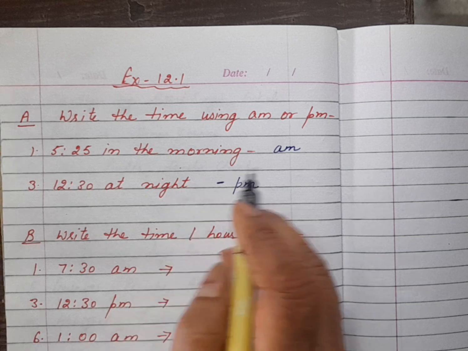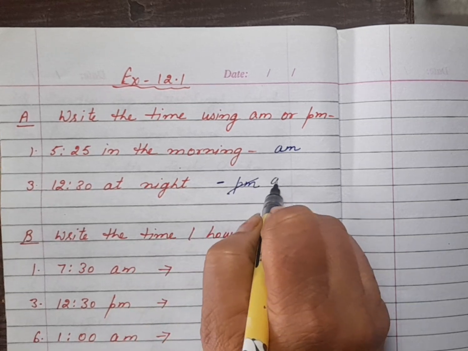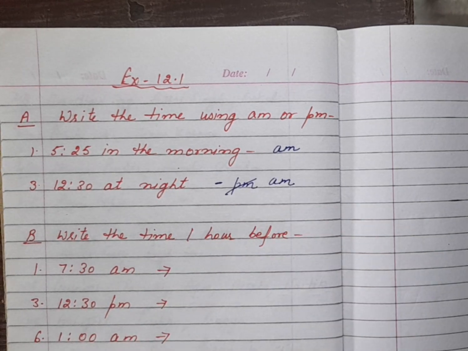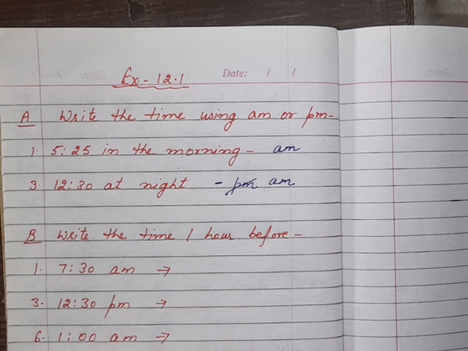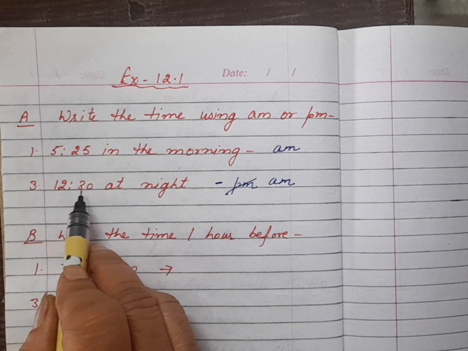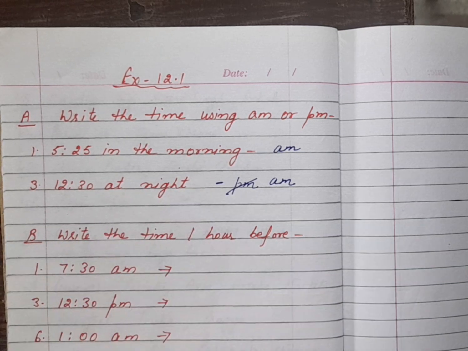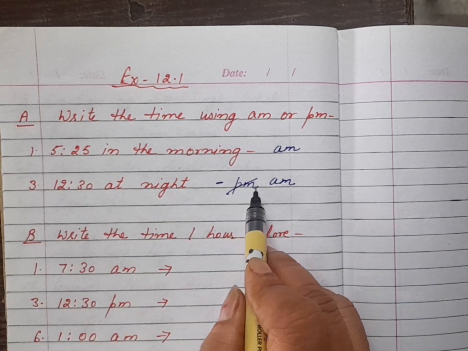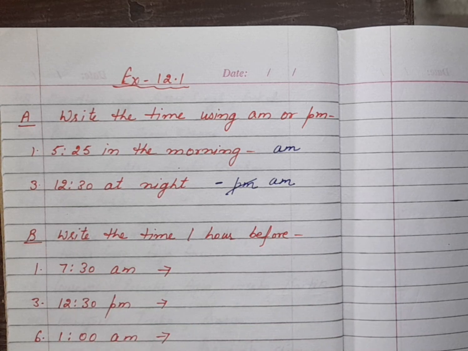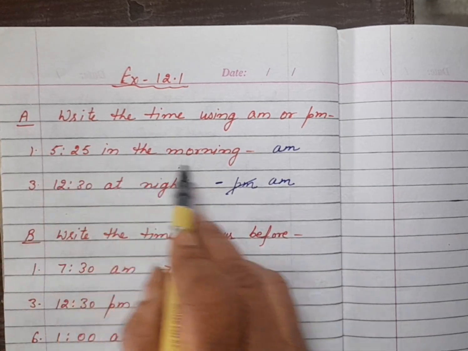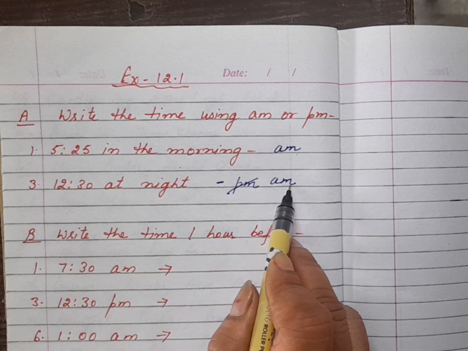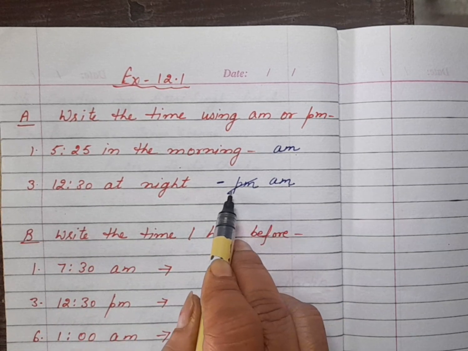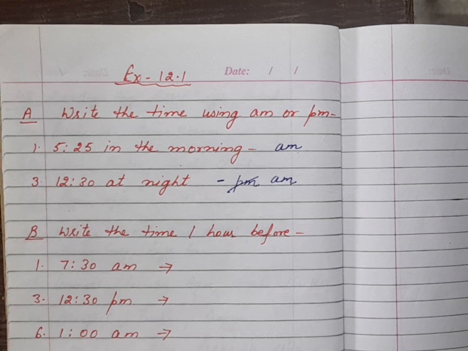At night, it means it is AM. Why? Because after 12 midnight we are going into AM. If it were 12:30 at noon, then we would write PM here. So 5:25 in the morning is AM, and 12:30 at night is also AM, it is not PM. Clear?